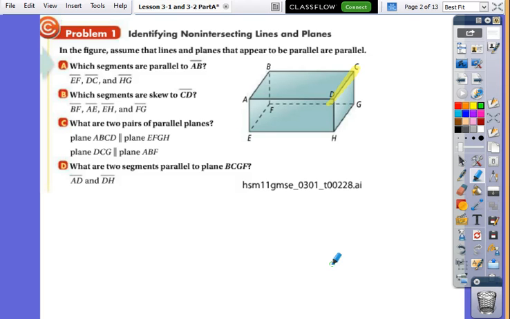If I did DH, DH lies in the same plane as CD, so I can't do DH. However, I can do AE, I can do BF, and if I tried to do EF, I could stretch that diagonal piece of cardboard there, so that's not going to work. However, FG is not in the same plane as CD, and EH is not in the same plane.